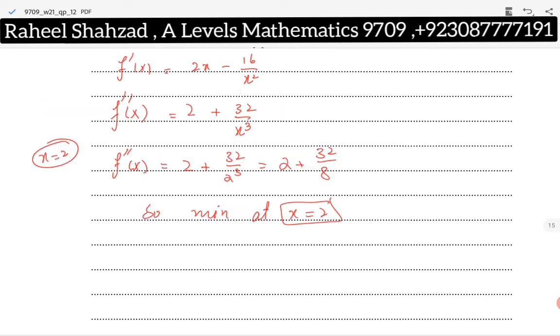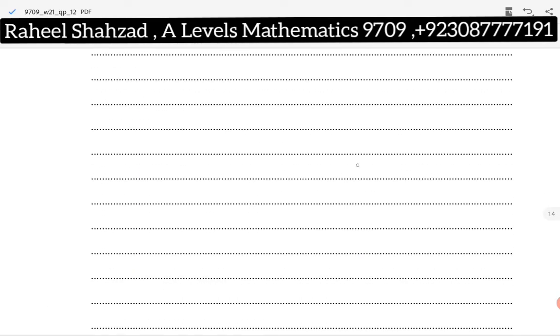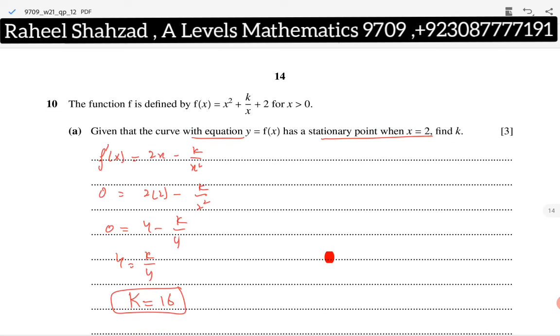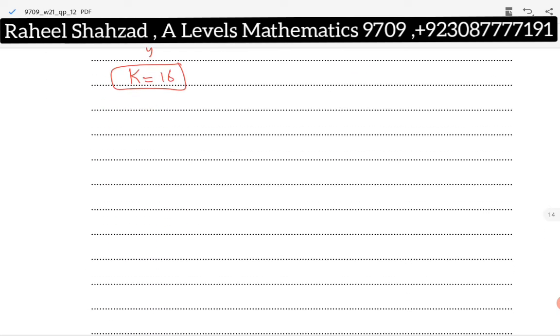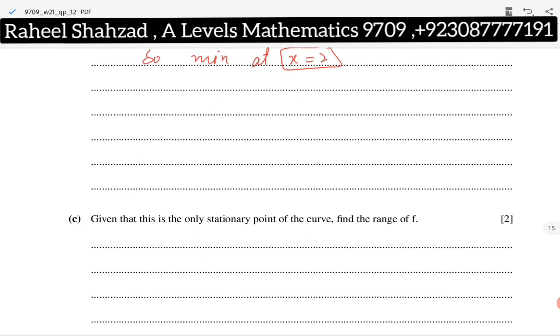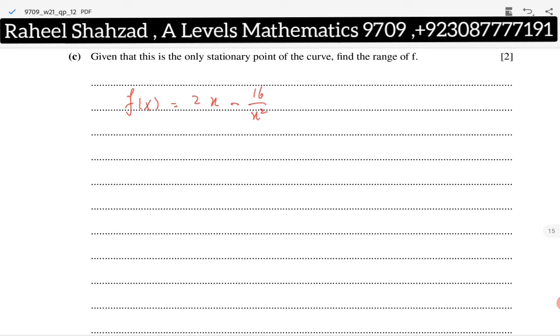This was the original curve, x square plus k by x plus 2, so that is equal to x square plus 16 by x plus 2.